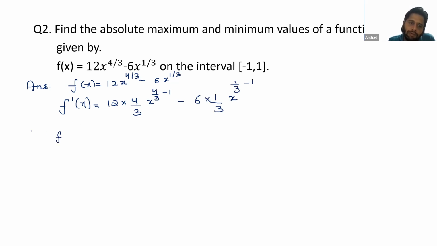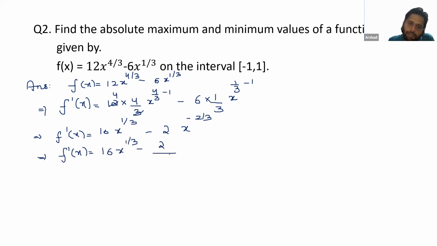Here we will get f dash x equal to, cancel out this 3, 4 times 4 is 16, x to the power 4 minus 3 is 1 by 3, minus, cancel out this 2, x to the power minus 2 by 3. So please write f dash x equal to 16 x to the power 1 by 3 minus 2 by x to the power 2 by 3.